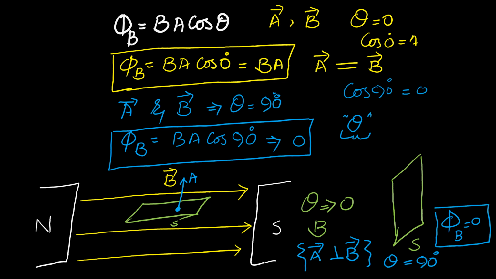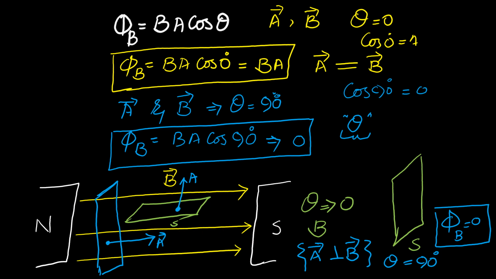In case the surface S is perpendicular to the magnetic field line, in this case the area vector A will be parallel, and the angle between A and the magnetic field line will be 0.